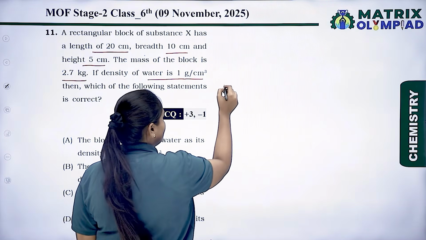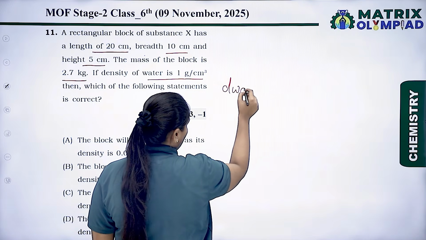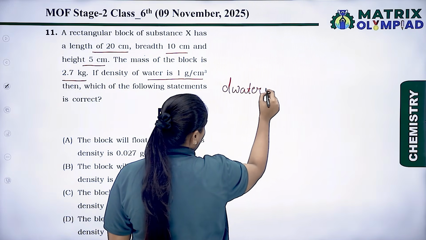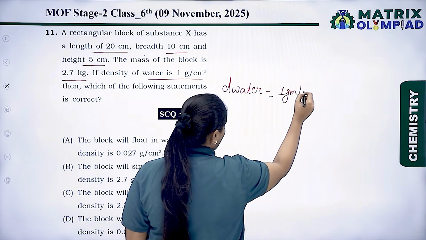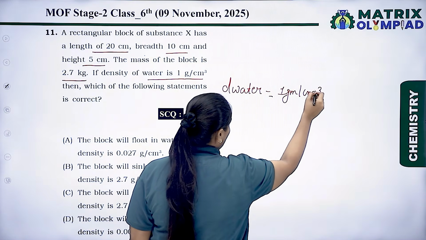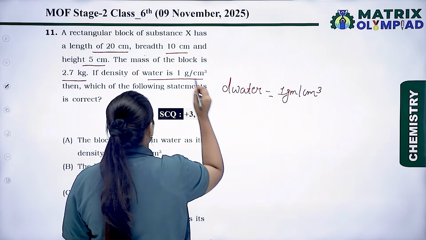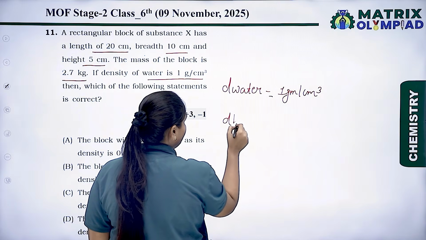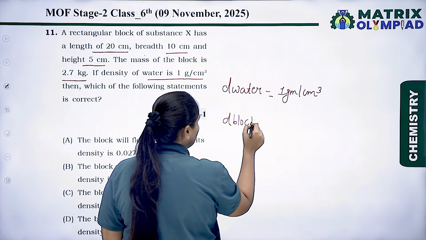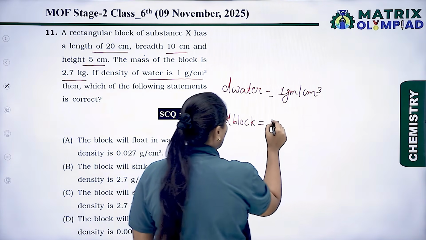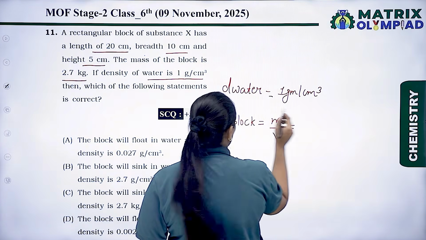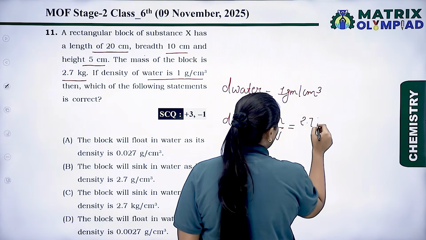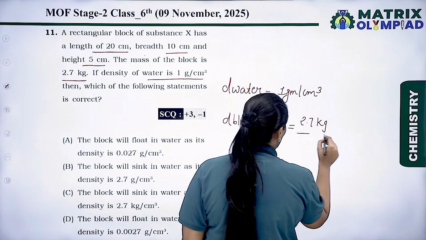So we know the density of water is 1 gram per centimeter cube. We don't know the density of the block, so first we have to find the density of the block. The formula is mass upon volume. Mass is 2.7 kilogram upon volume.